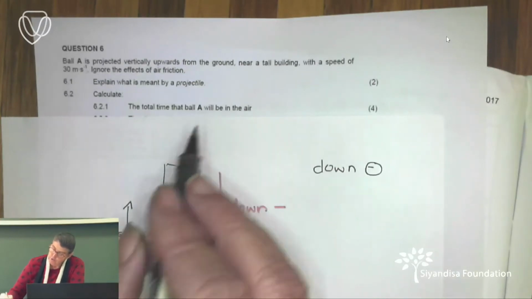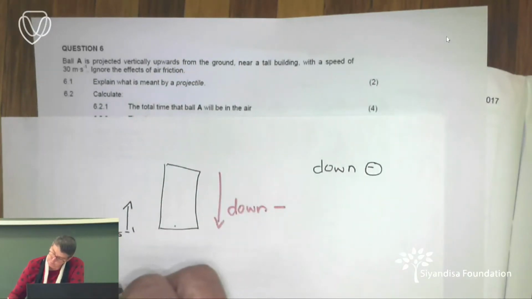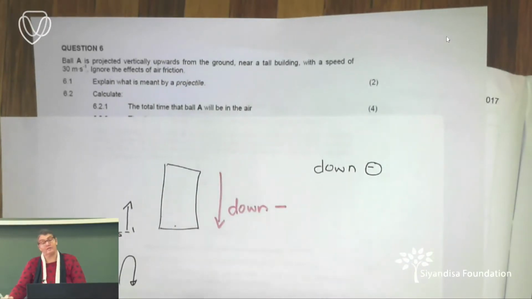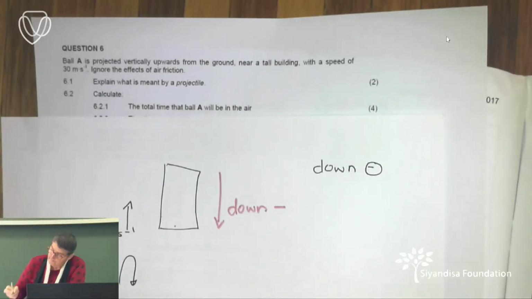In other words, what's going to happen to this ball is it's going to go up and it's going to come down. You're going to say to me, Miss, but they don't say that. Ladies and gentlemen, what goes up must come down. So this is what you've got to read into the question. They want the total time.